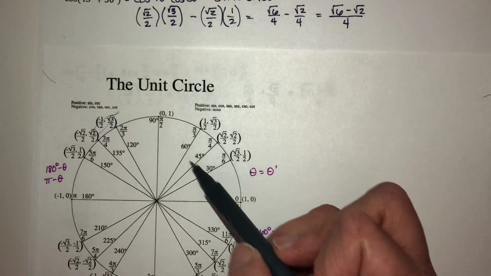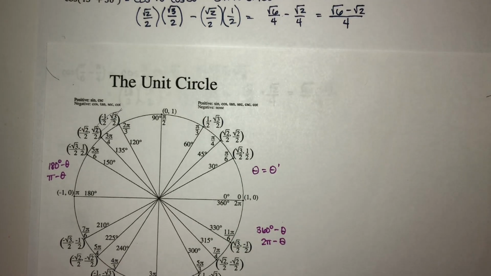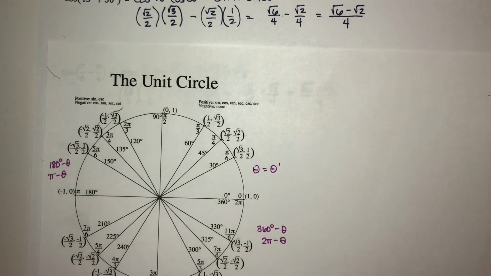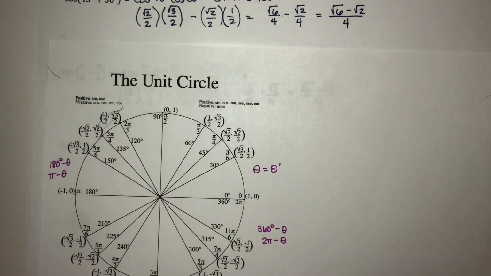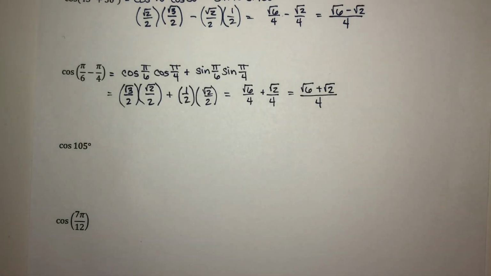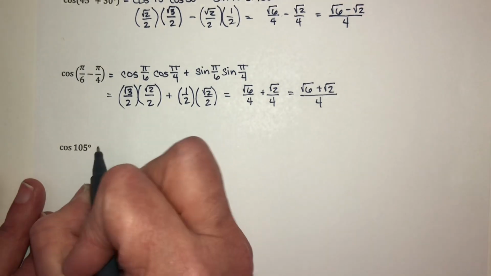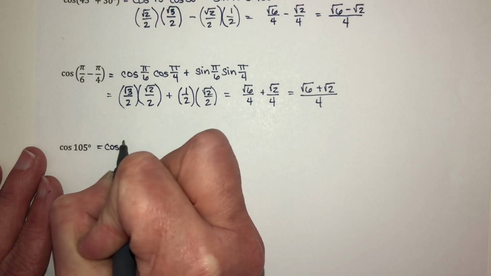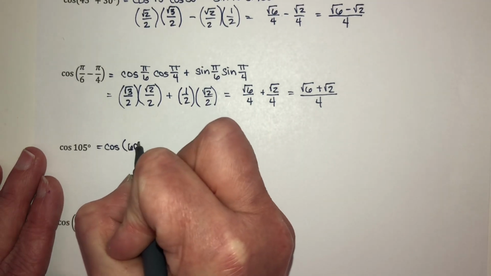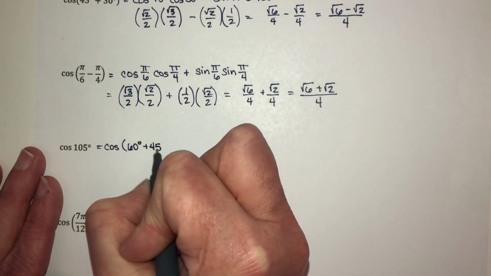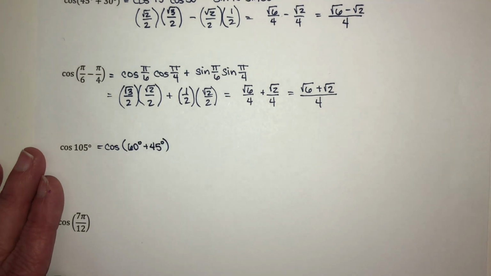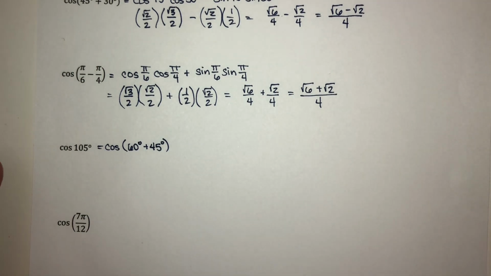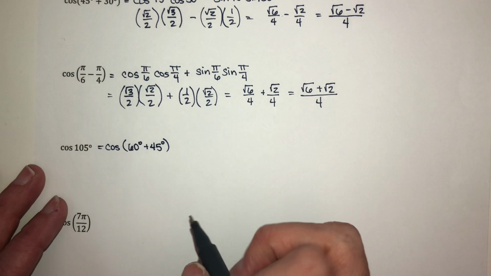And if you have a 5 on the end, it's safe to say that you're going to use a 45 or a 135, 225, so on. Now, 105 is 60 plus 45. And I've chosen to write it as an addition problem, but we probably could have found a way to write it as a subtraction problem, and we would have gotten the same answer.